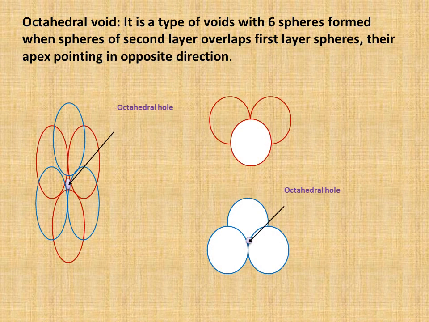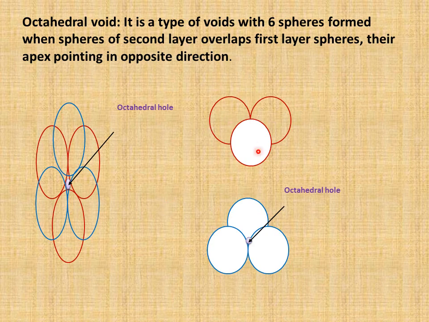Okay, students, the octahedral void. An octahedral void is a type of void formed with 6 spheres, when spheres of the second layer overlap first layer spheres with their apex pointing in opposite directions. What do you mean by apex?